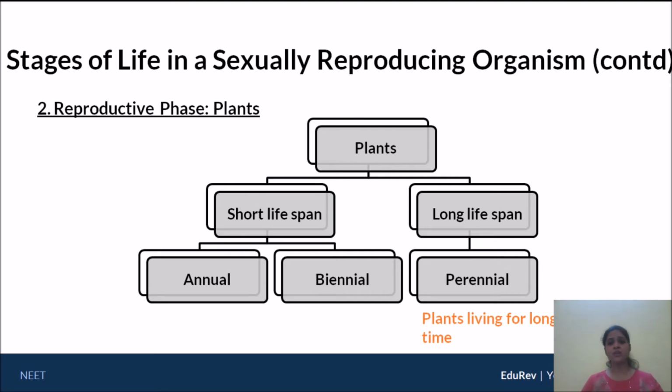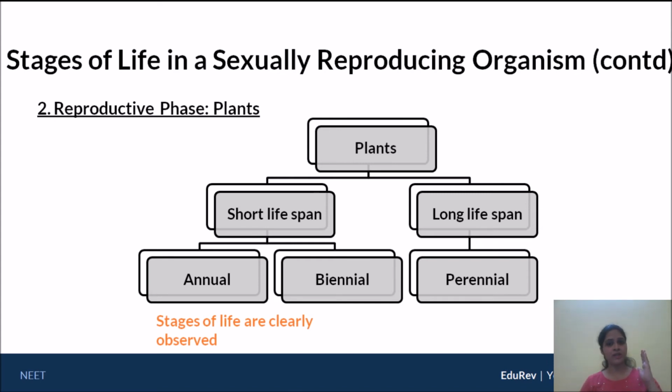Now, the question here is, why have we taken these lifespans of plants? We want to understand whether the transition from juvenile to reproductive and senescence can be observed in all of them very clearly. For example, since plants like annuals and biennials grow within one or two growing seasons, it's very easy to observe all the stages of life of the sexually reproducing plant, that is juvenile, reproductive, as well as senescence.